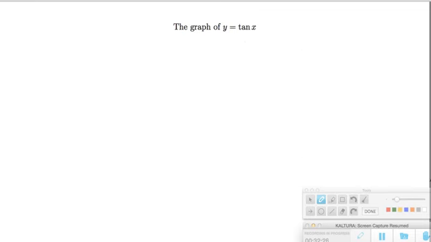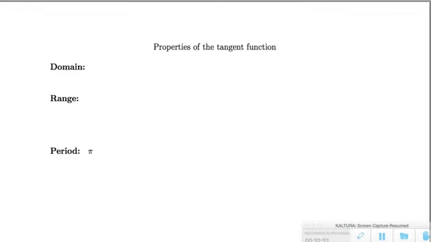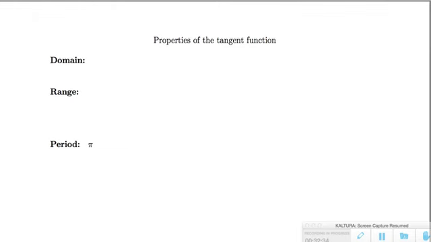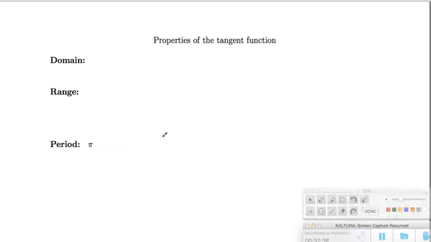Now looking at the properties of tangent, the domain of tangent, in other words, the allowable x values, is all real numbers except for those vertical asymptotes.